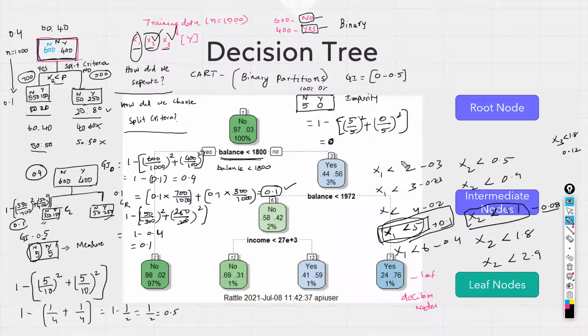Now, it's a competition between these three, x1, x2, and x3. x2 less than 1.1 with a drop of 0.08 is the least among all. So the first root level split will be made by x2 less than 1.1.